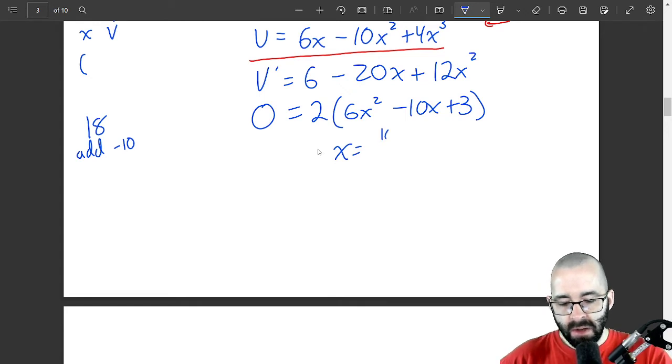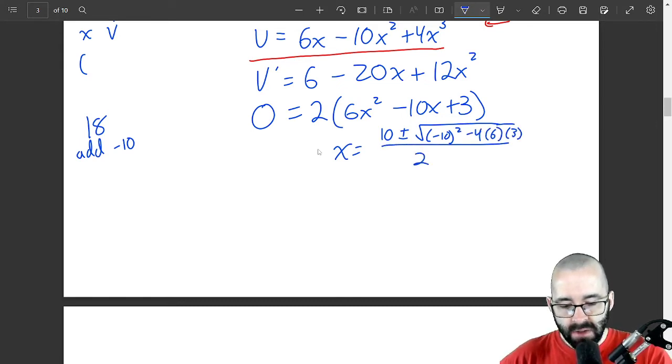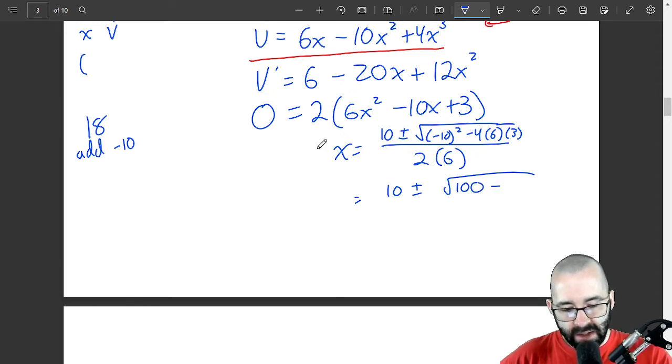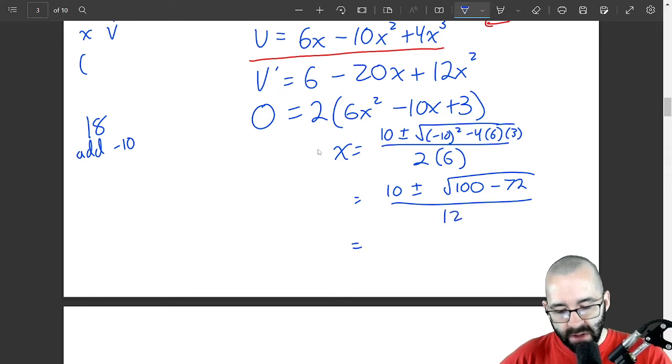x is negative b plus or minus the square root of b squared minus 4ac, all over 2a. Simplify this out, you'll get 10 plus or minus the square root of 100 minus 72, all over 12.